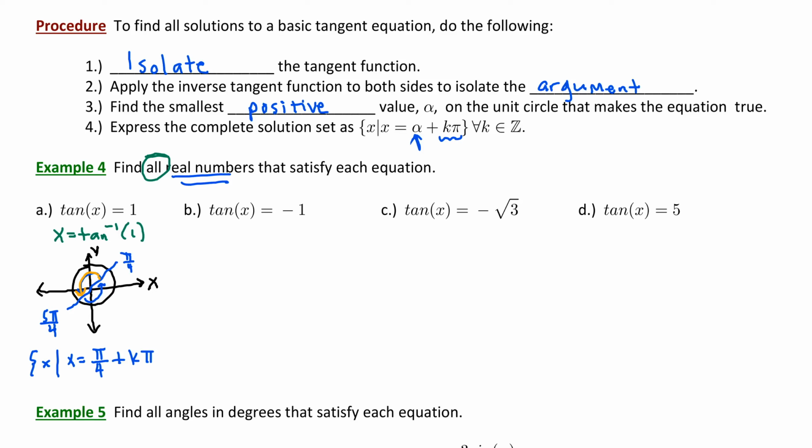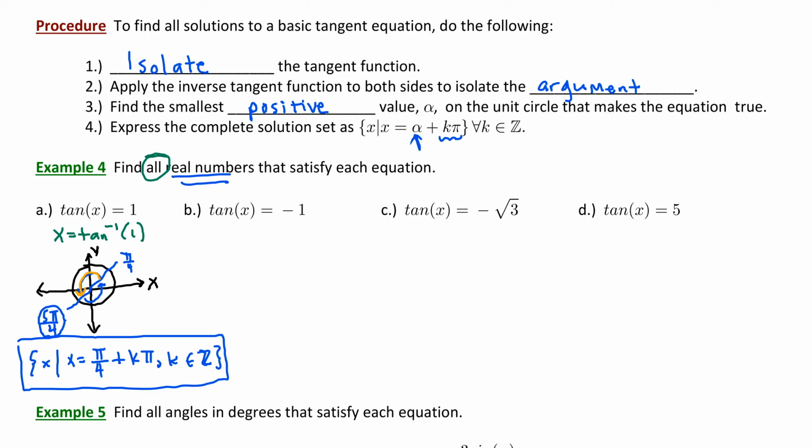So by adding k pi instead of 2k pi, we are also including the other location on the unit circle where tangent is equal to 1. So tangent equations are a bit more efficient to solve. The set builder notation expression of the solution you'll see is a bit simpler. And that's great news. While it's a little more complicated to find tangent of an angle, solving tangent equations is a bit simpler.